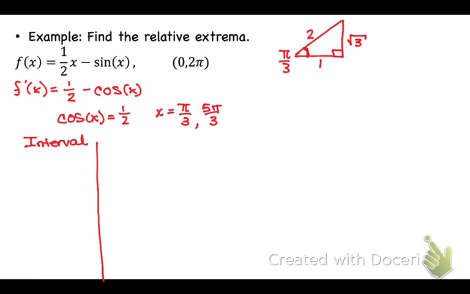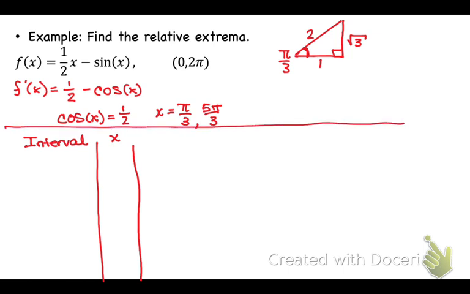Test value, and I typically just put an X. Then next, sign of f prime, and again, I'm just going to put f prime. Actually, on our real ones, we're going to have f, f prime, and f double prime, because we will test things in all three functions. Okay, conclusion.